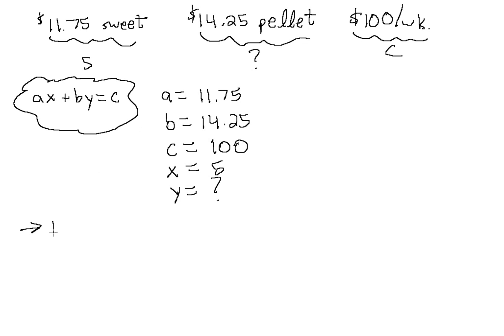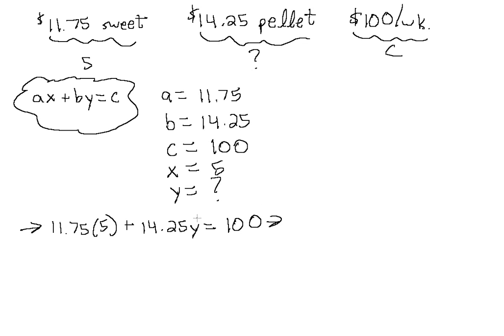So we have A, 11.75 times X, which is 5, plus BY, B is 14.25 times Y, Y is what we want to solve for, it's our unknown, equals C. C is $100 per week that he has to spend on feed.